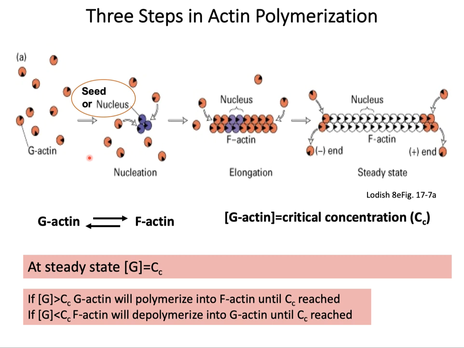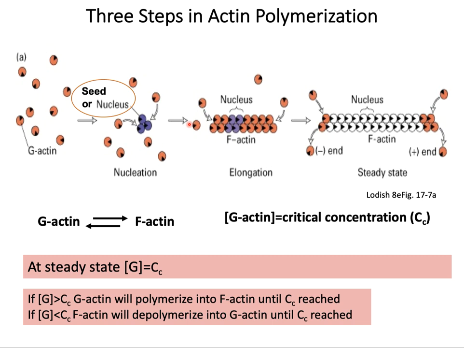So in vitro, in a test tube, what you will observe after nucleation is the second step, the elongation phase of polymerization, where monomers are added both to the plus end and the minus end, and you get rapid growth of the filament. Again, let me stress that in vitro you can observe the addition of monomers at the minus end, but this is rarely observed in vivo or within the cells.